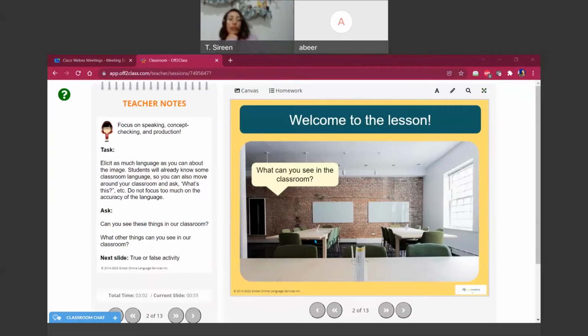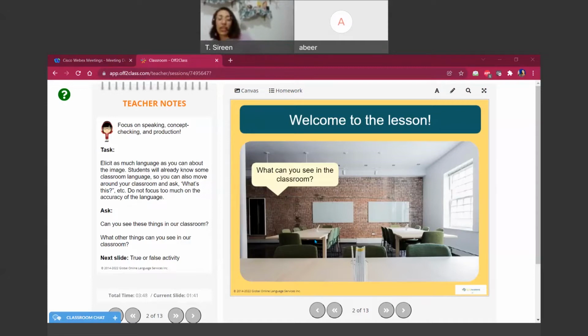What other things do you have in the classroom? What can you see? When you teach, Abir, what do you have in the classroom? Students and teachers and... I don't understand what you mean.